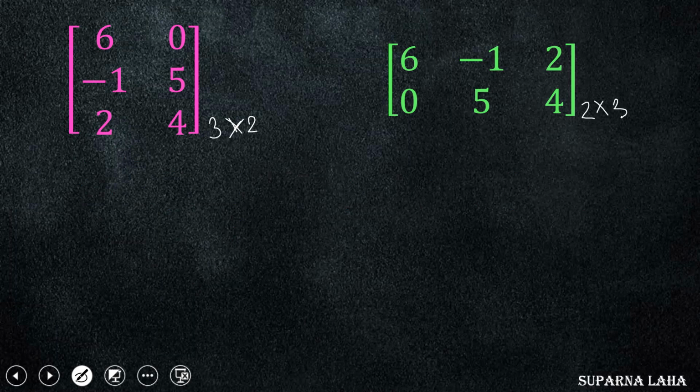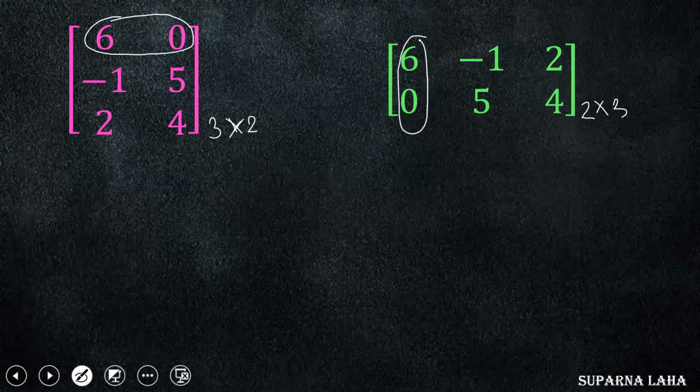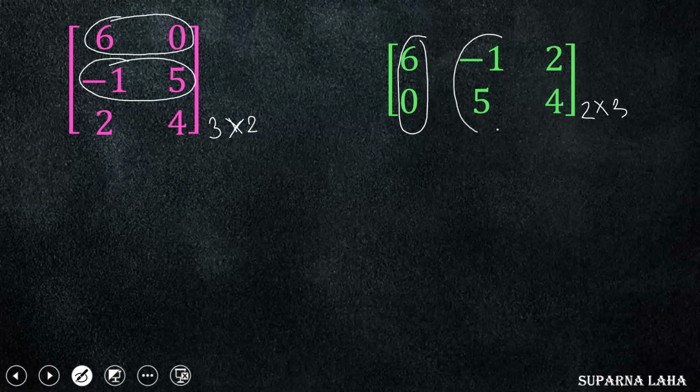Now look here: the first row, 6 and 0, transforms into the first column, 6, 0, and the second row, minus 1, 5, becomes the second column, and the third row, 2, 4, becomes the third column. So what we are doing is transforming the rows into columns.